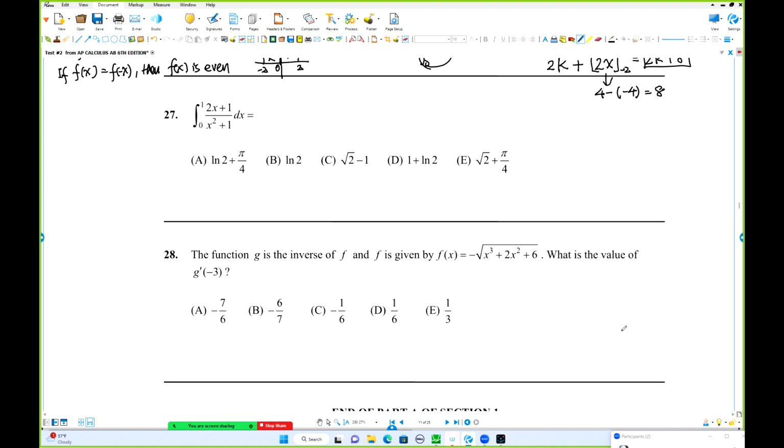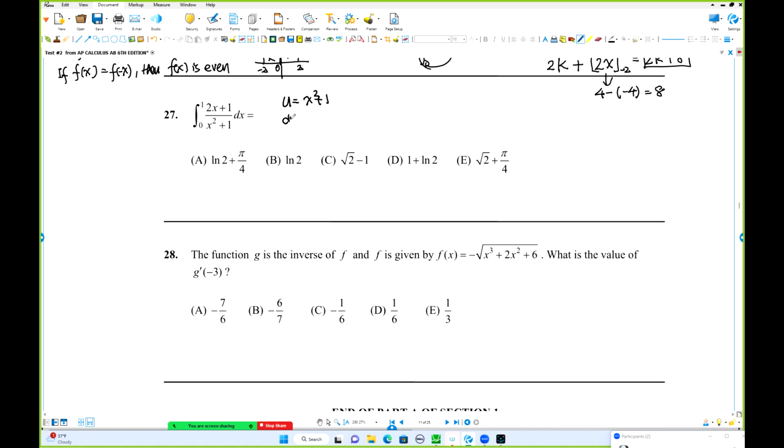Okay, number 27 is a little hard. When you take a look over here, the numerator is 2x plus 1, the denominator is x squared plus 1. If we use u substitution, right? If you use u substitution, u equals what? x squared plus 1.